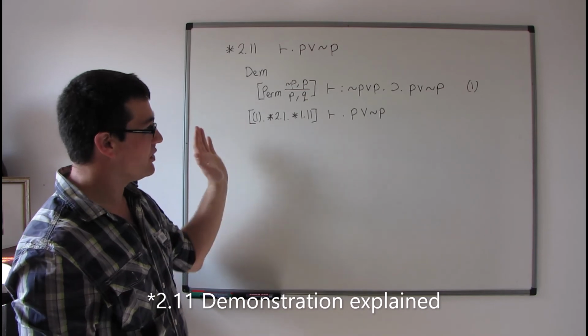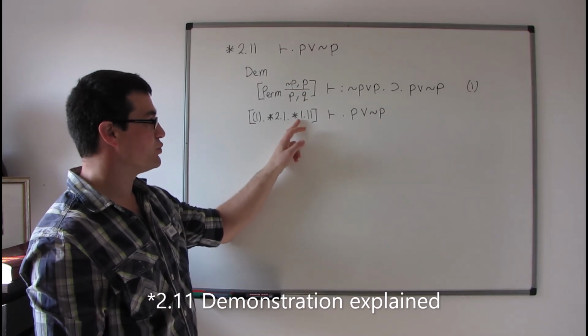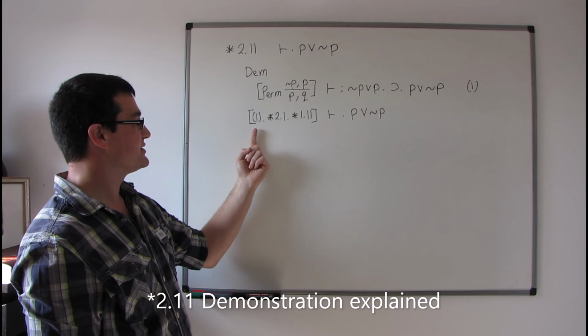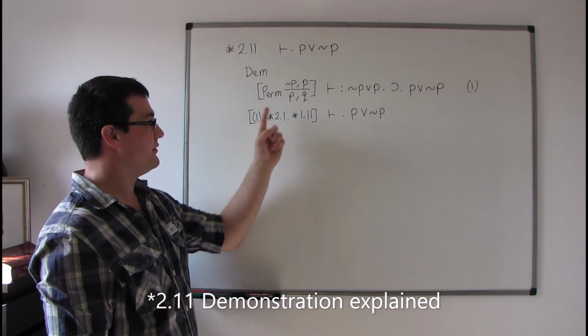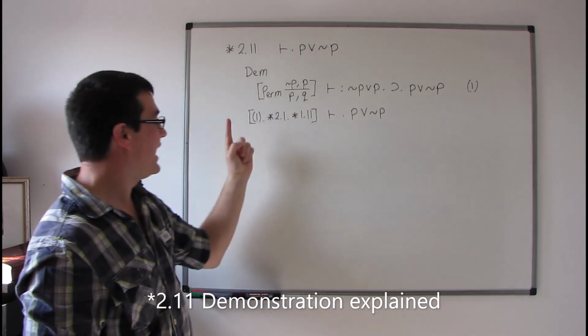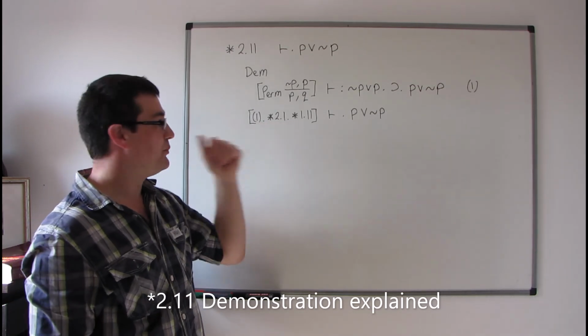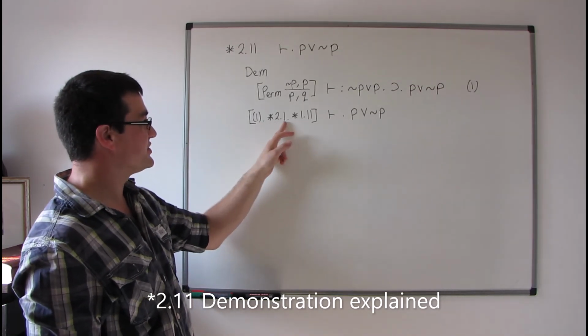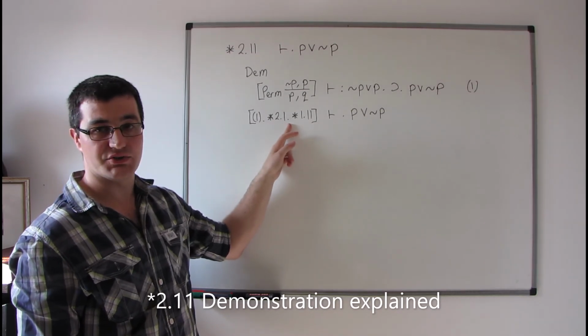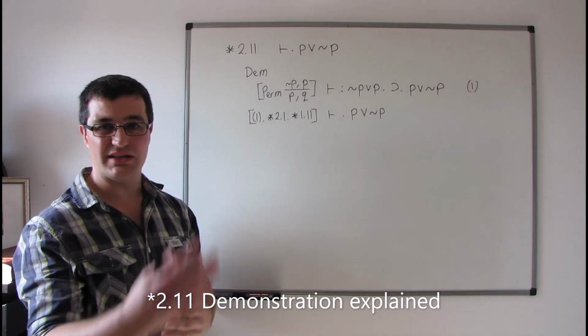So what this means altogether is that the rule of inference 1.11 is being applied to line 1 and the proposition star 2.1, but this just hasn't been written in the demonstration explicitly. It's kind of been left out.